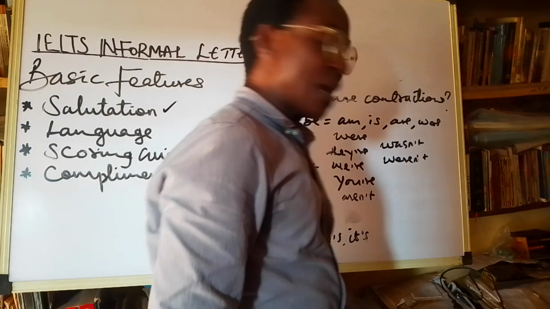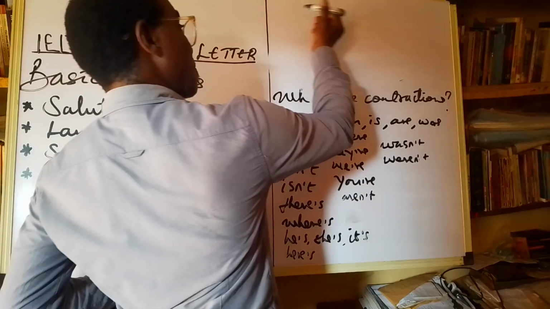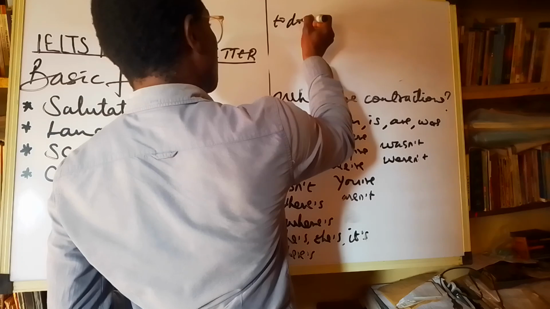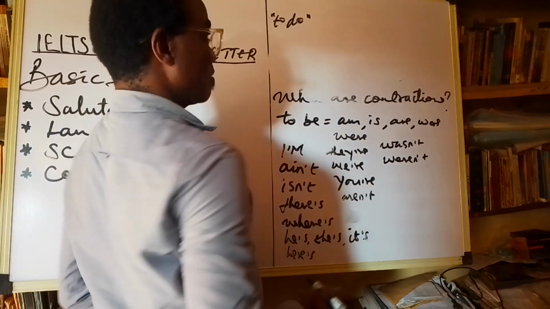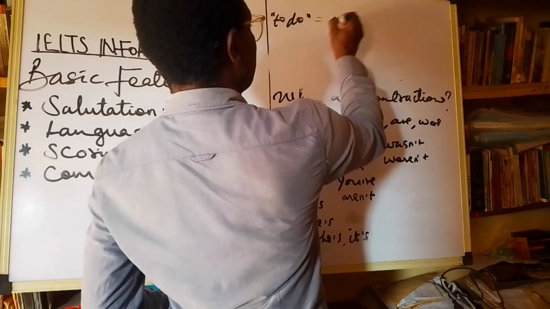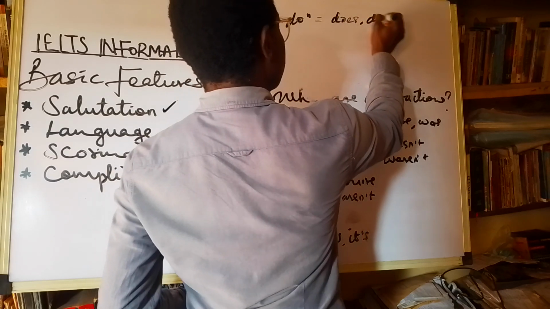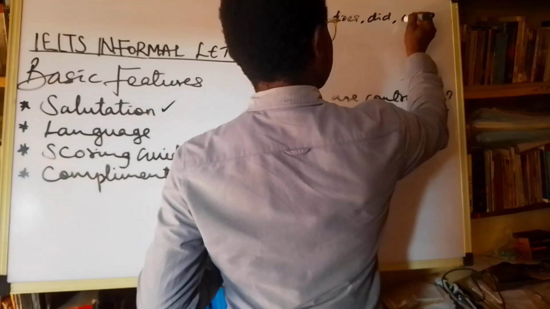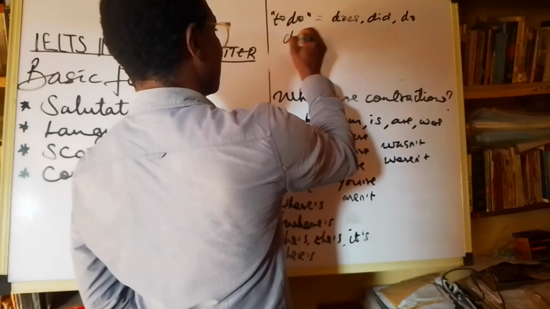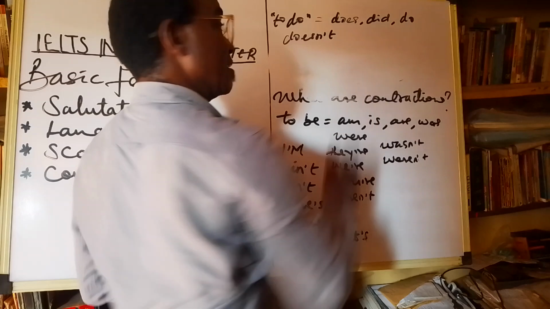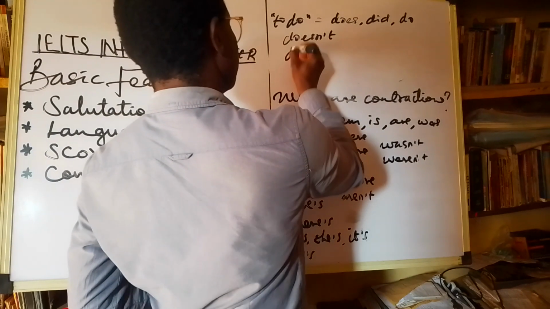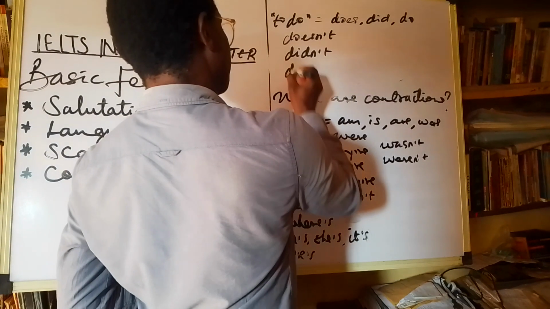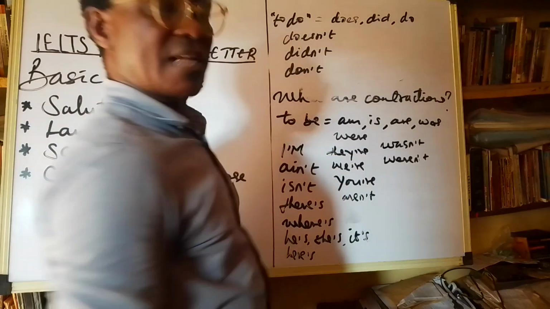There are also contractions derived from the modal auxiliary verbs like the verb to do. The verb to do: does, did, do, doesn't, didn't, don't.